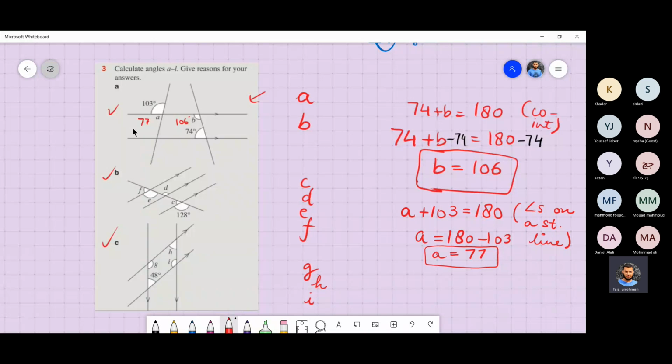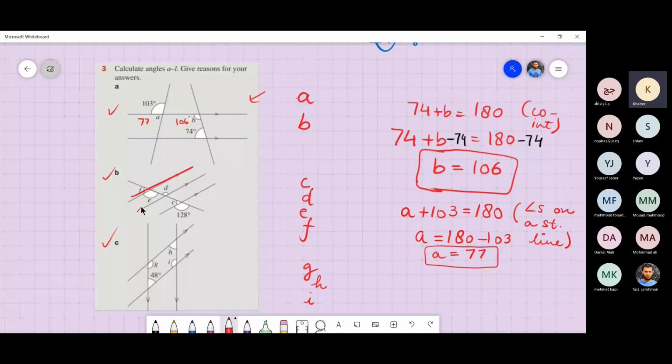Now in question number B, there are so many parallel lines. How many parallel lines are there? After this question, I will go to the next lesson. Quickly, how many parallel lines can you see? 3 parallel lines. And how many transversals? 1 transversal.